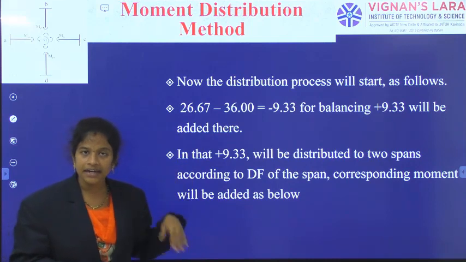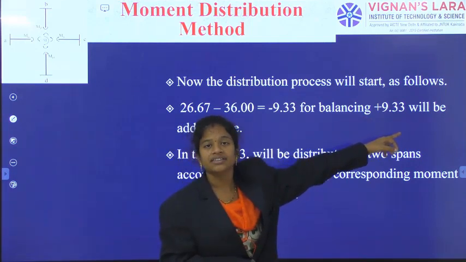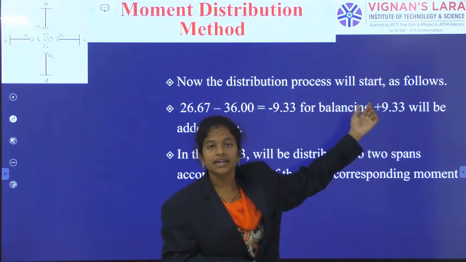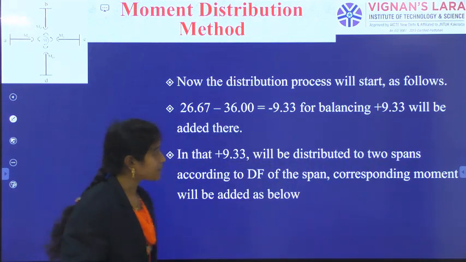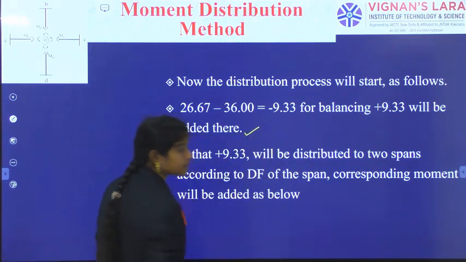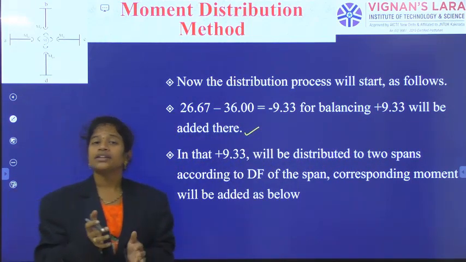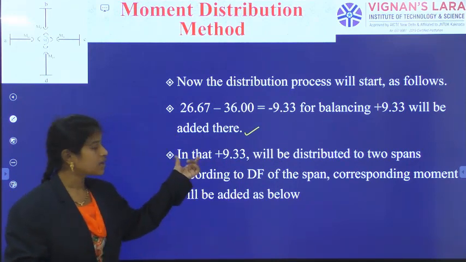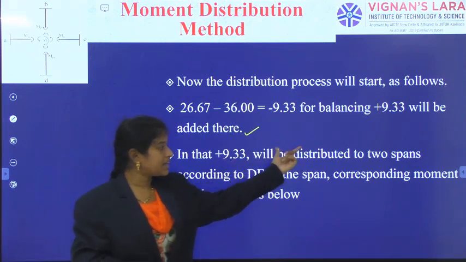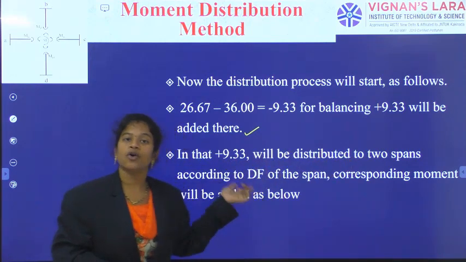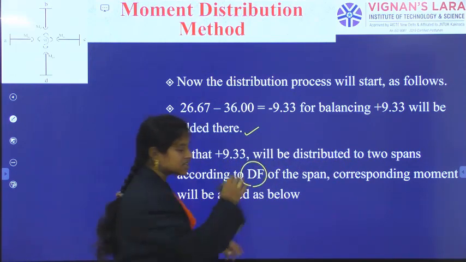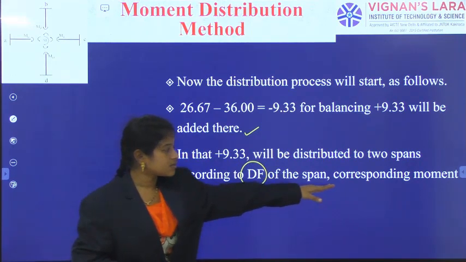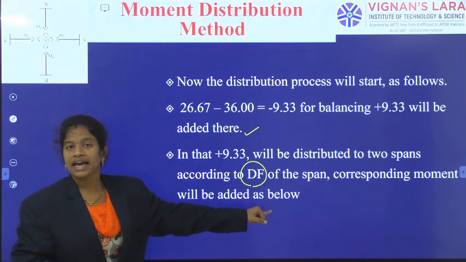To make it balance, I am adding plus 9.33. Okay. That total of 9.33, how will we add? Based on the distribution factor of the span. Yes. So that 9.33 we will distribute to the two spans according to their distribution factors. Okay. So the corresponding moments will be written as follows.